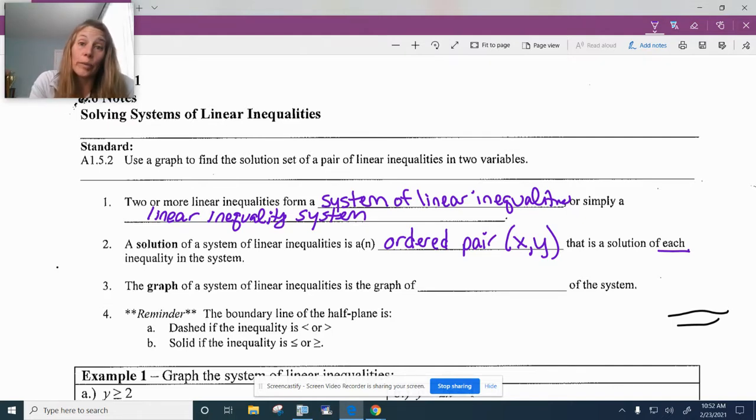So it would have to work for both of them. The graph of a system of linear inequalities is the graph of all solutions of the system.